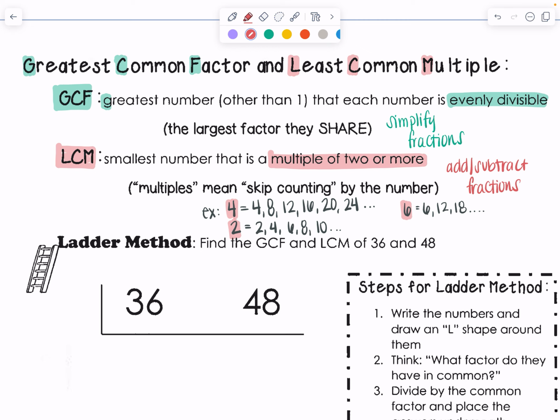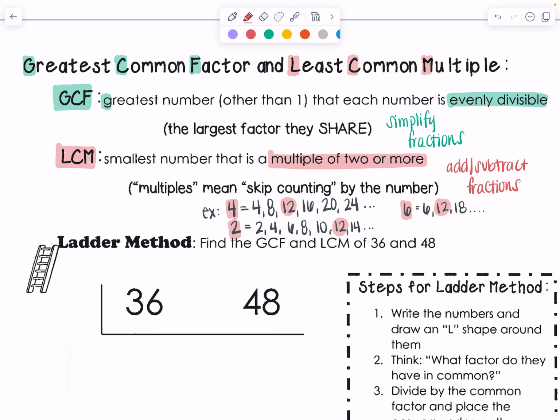Let me extend this out some. The smallest number that all of these have in common is 12. So the least common multiple of 2, 4, and 6 is 12 because it's the smallest multiple they all have in common.